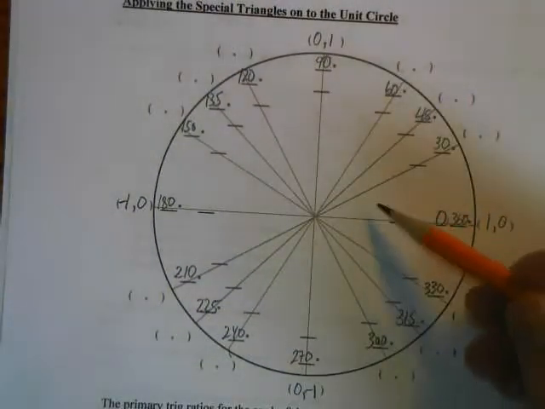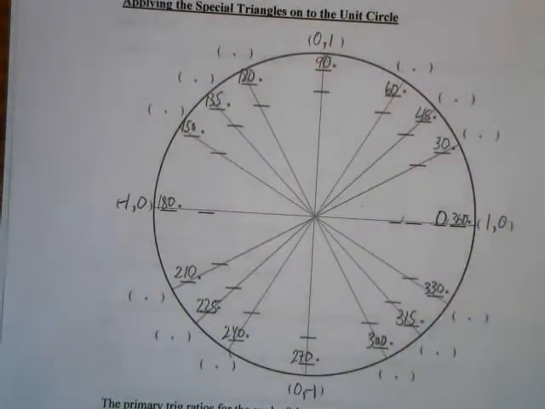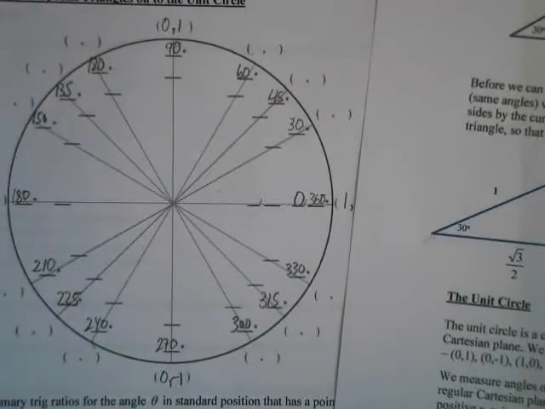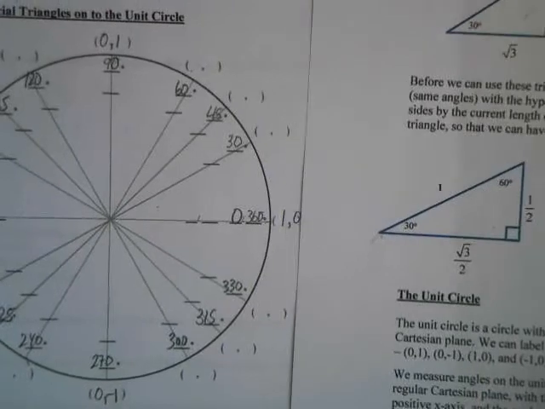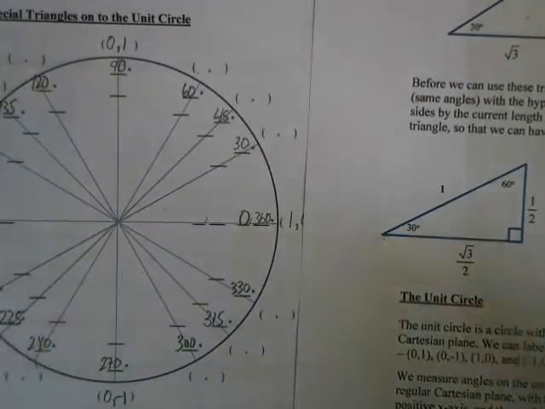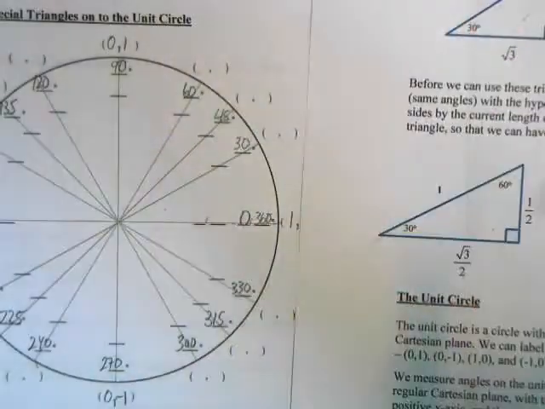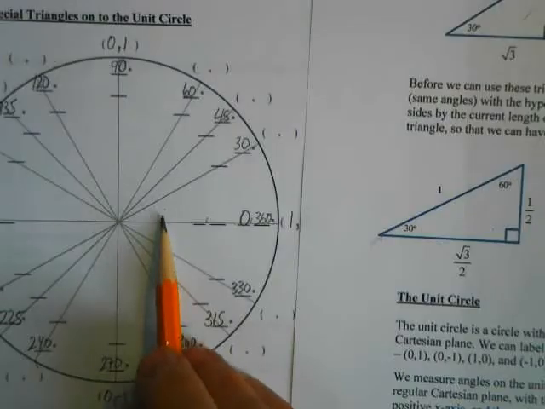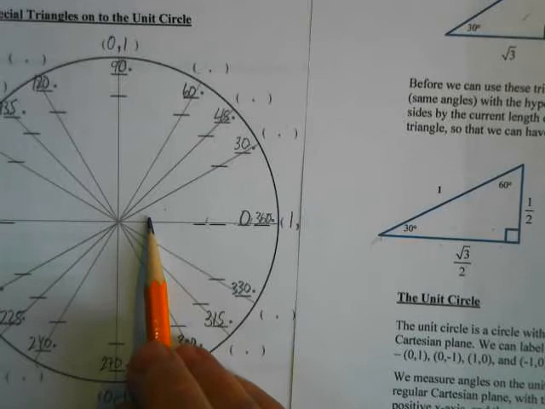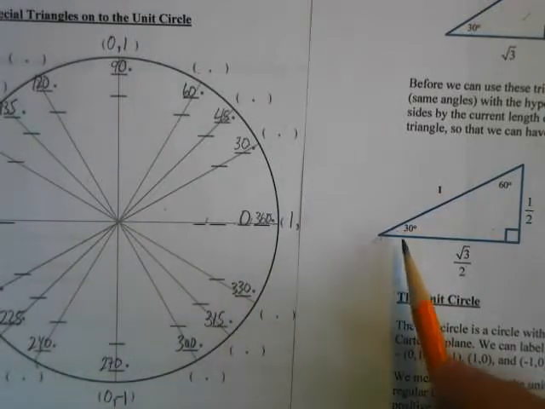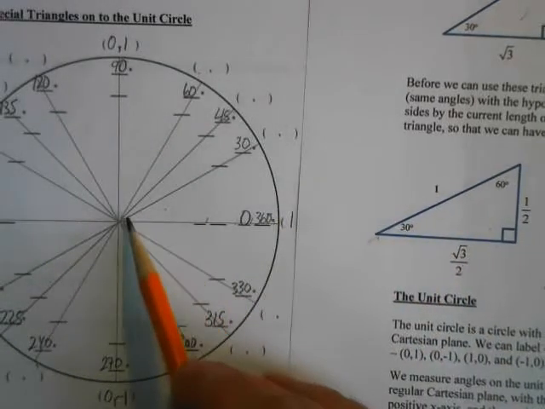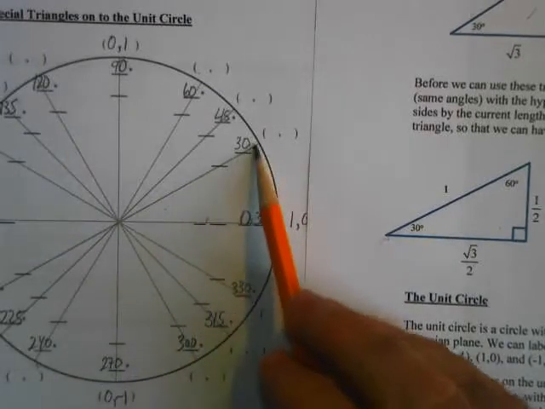So I'm going to start with the 30-degree measurement. So I've got my 30-degree triangle here. Just imagine I'm picking this up and actually placing it inside here. This is a 30-degree angle right there. And this has a hypotenuse of 1, which coincides nicely with this radius of 1.